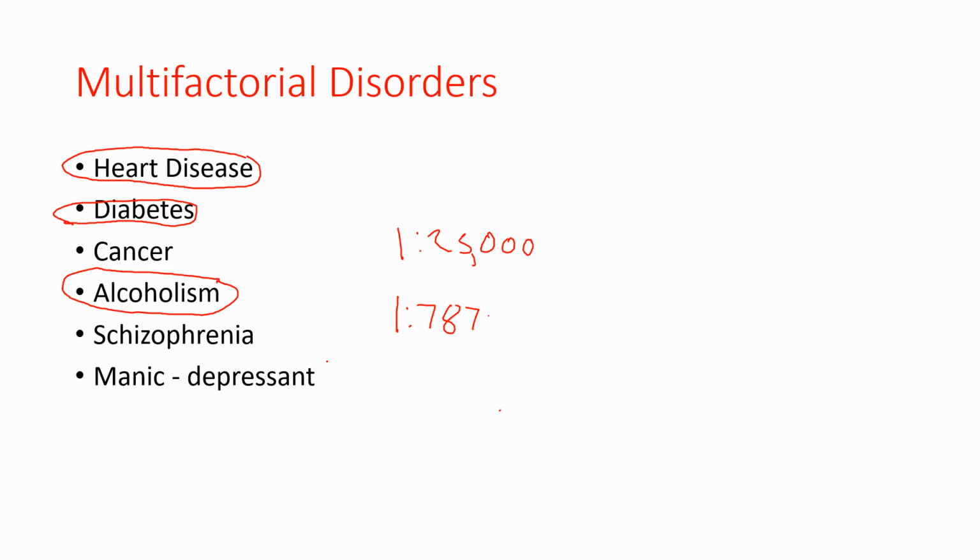You have people who think they're being watched all the time. All of these would be considered schizophrenics, right? And once again, there is a genetic link. The more people you have in your family tree, in your pedigree chart, who have been diagnosed schizophrenic, the greater the chance that you will be diagnosed as a schizophrenic as well.